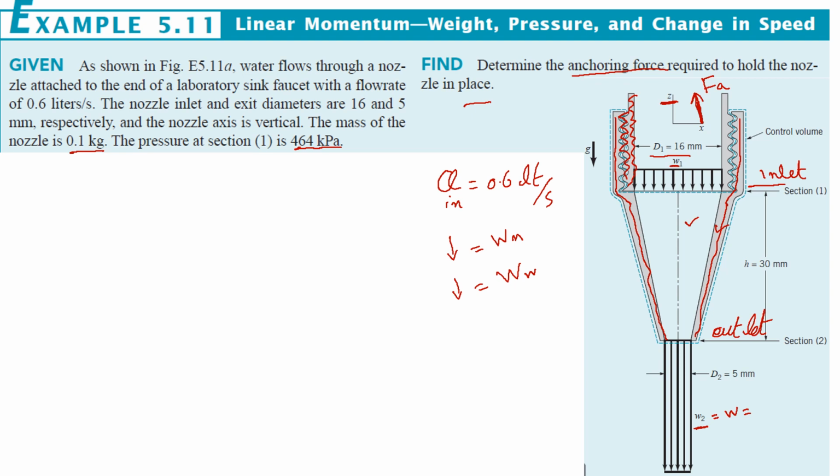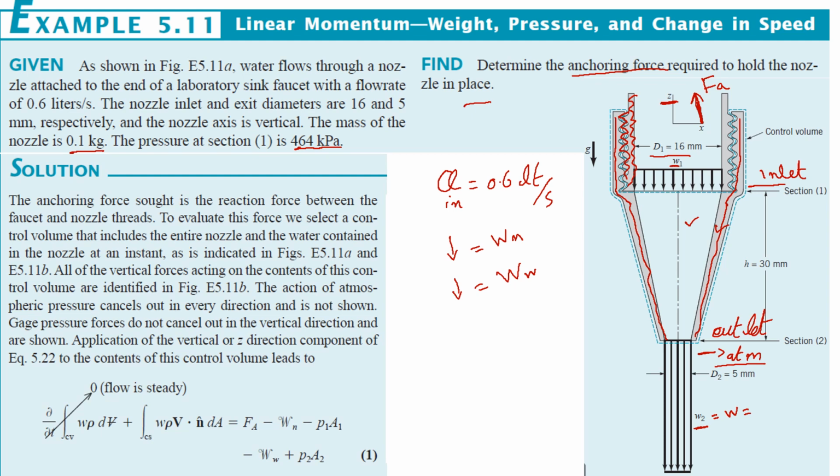And again we will have an atmospheric pressure at the outlet. So here the pressure is atmospheric. We'll come back to it. So this is our statement, and these are the parameters that are given. Now let's look at the solution and our Reynolds transport theorem.